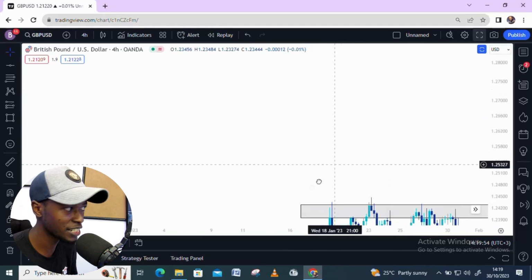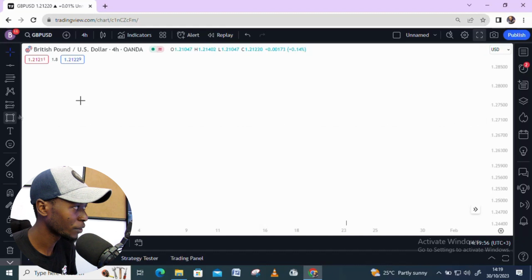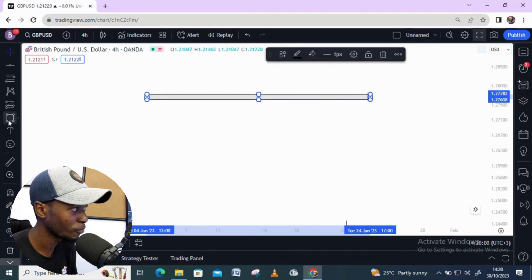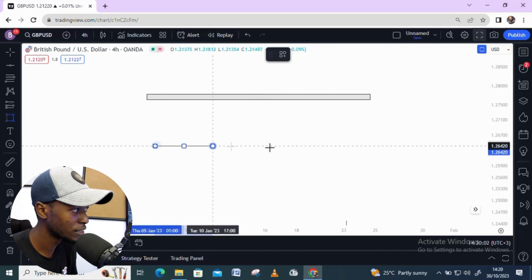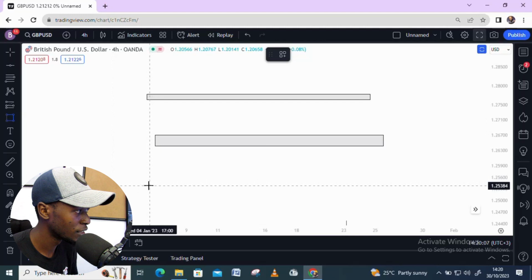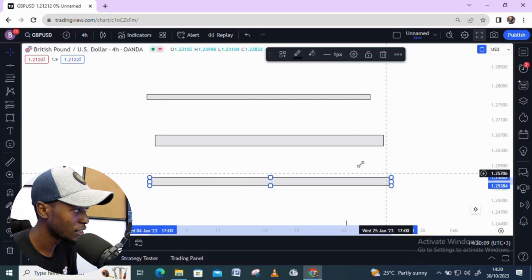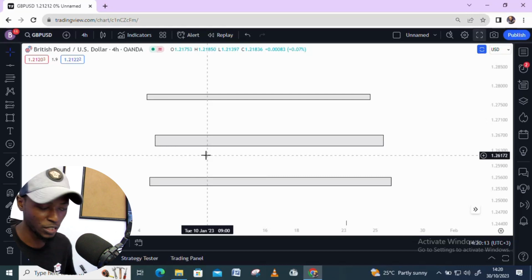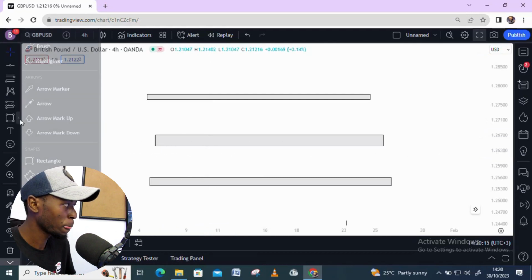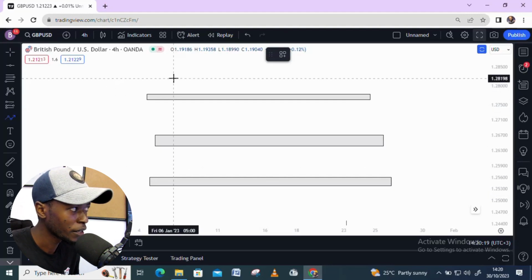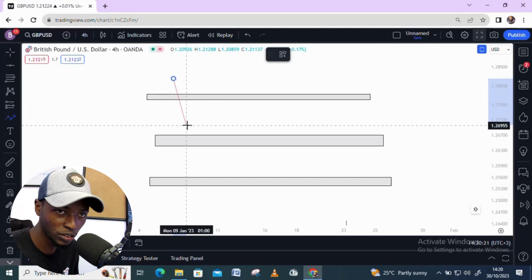So let me illustrate. These are your support and resistance zones. There are three major ways in which the market reacts to these zones. First, the market can break through the zone.